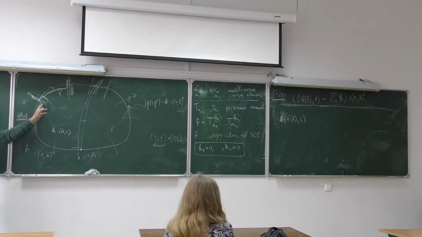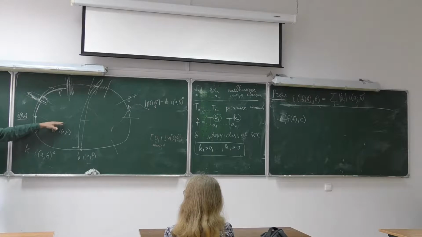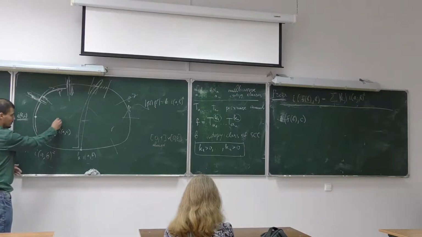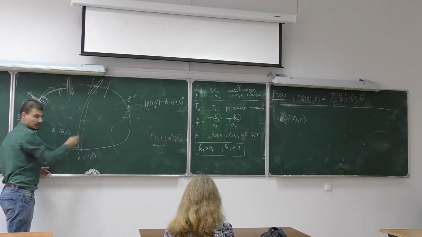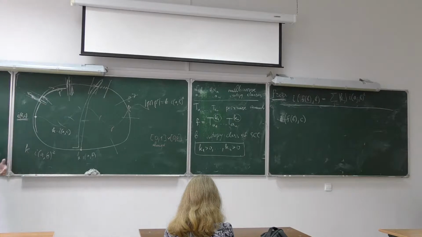Gamma intersects alpha several times, and we go through every such intersection k times. And now again we need to multiply it by I of AB.